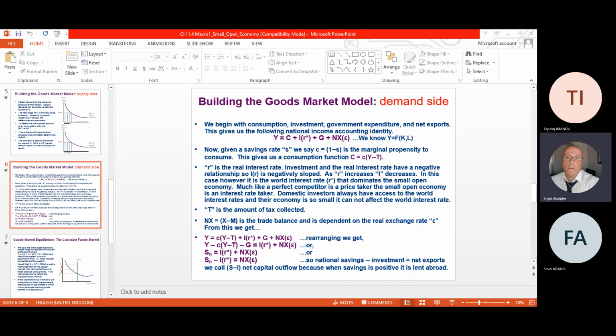For example, if you tax disposable income more heavily, let's say 20%, this negatively affects consumption and also the investment, or the so-called saving rate.